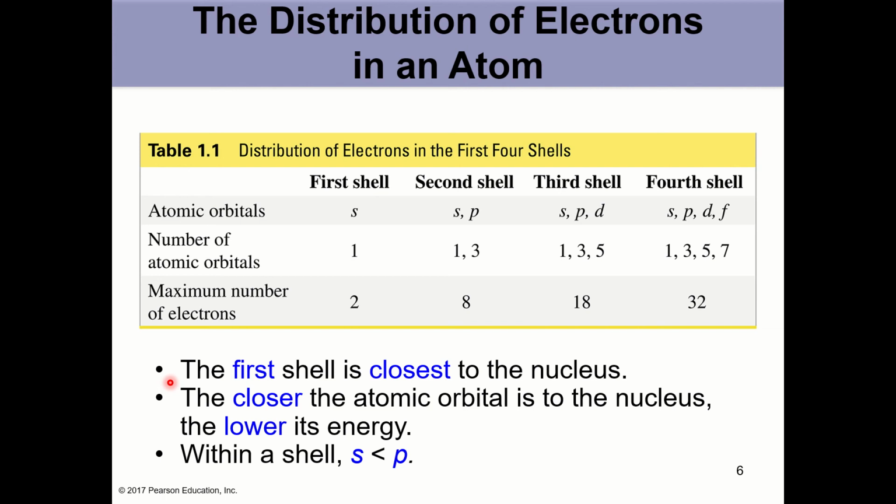And remember, our highest energy electrons, or our outermost electrons, are called valence electrons.